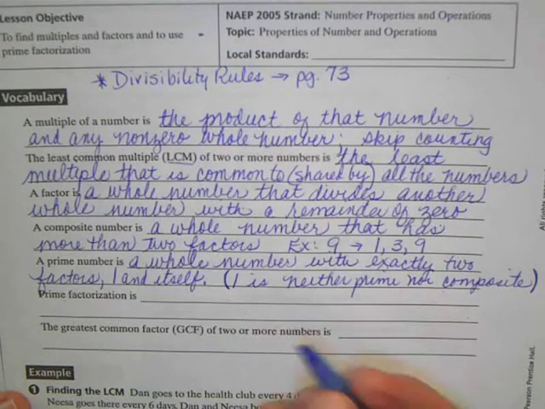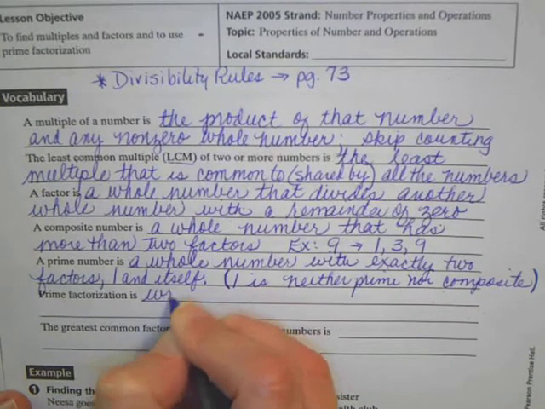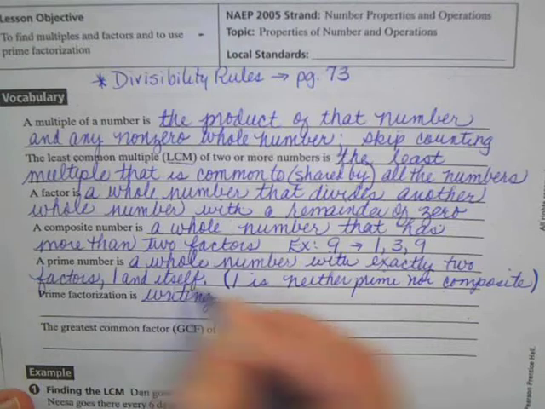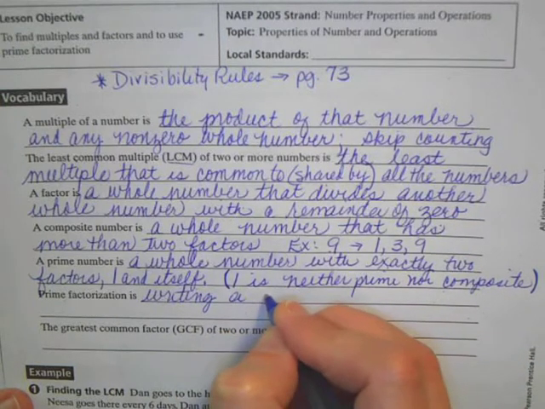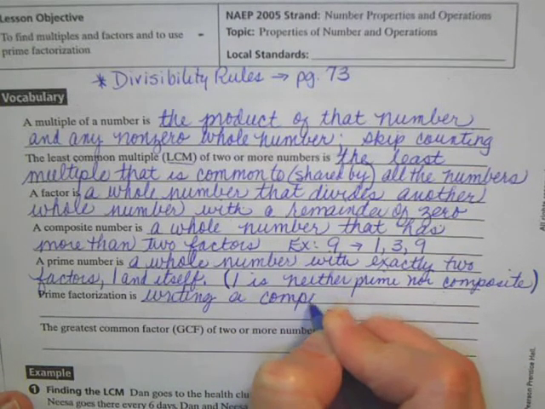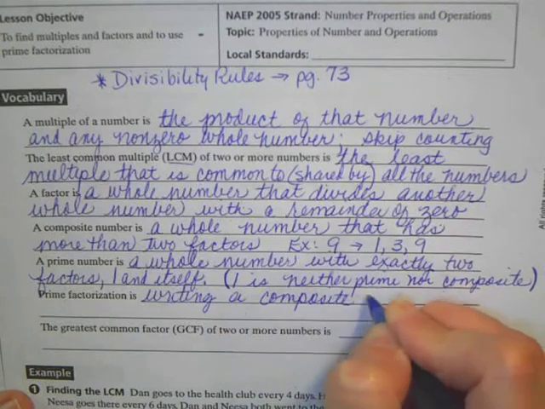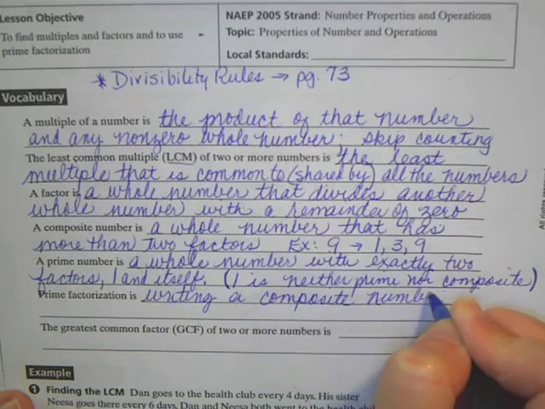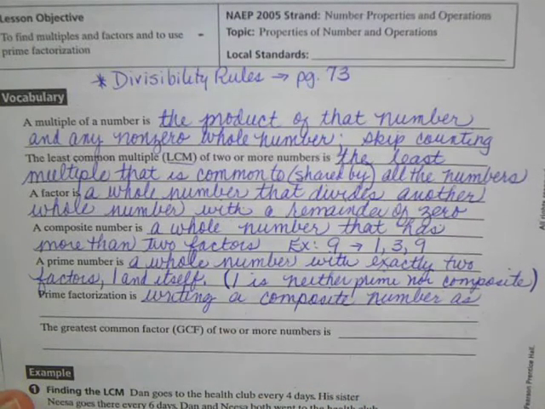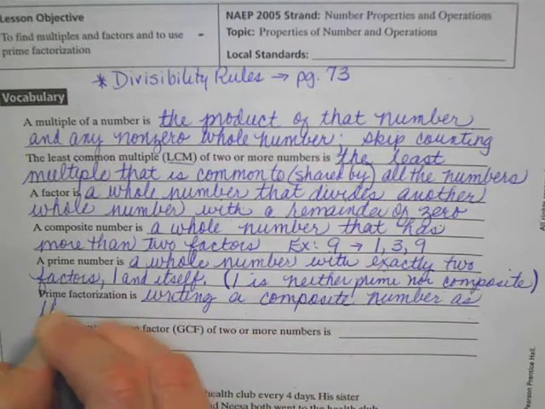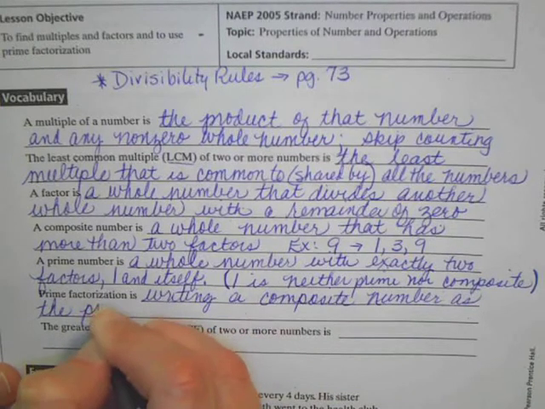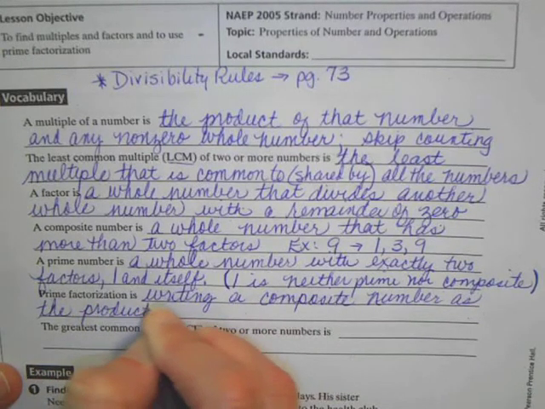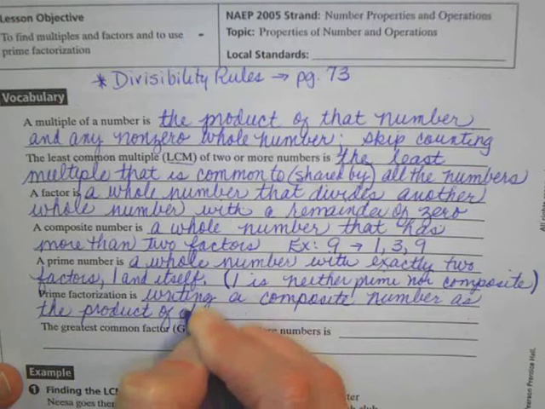Prime factorization is writing a composite number as the product of its prime factors.